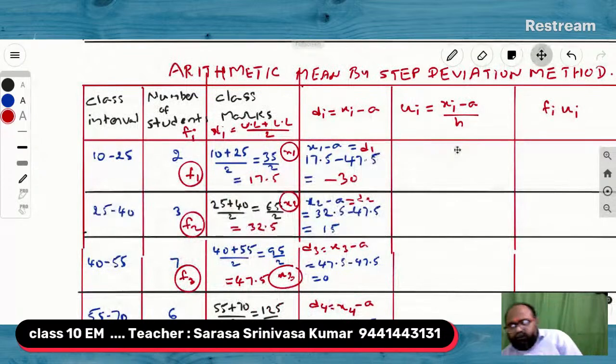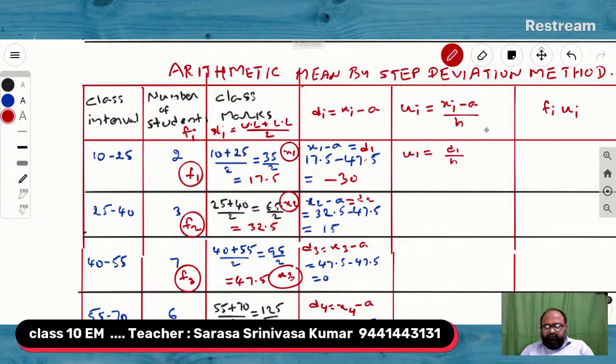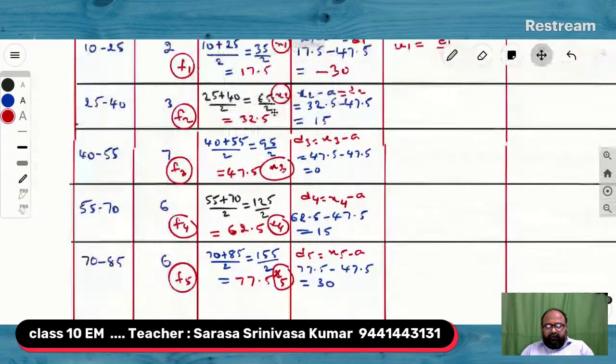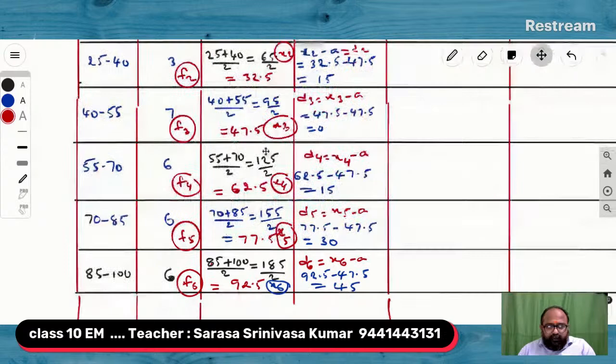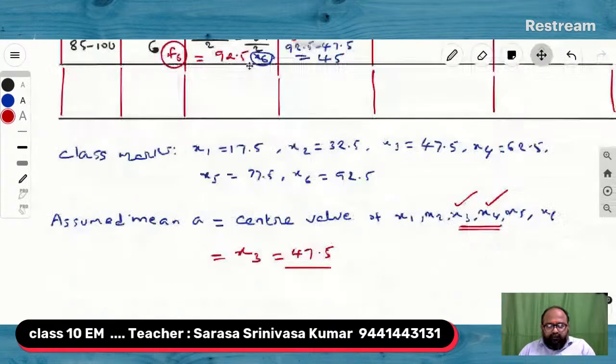Now ui equals, u1 equals d1 by h. Then what is h? Here h is generally taken as the class interval.